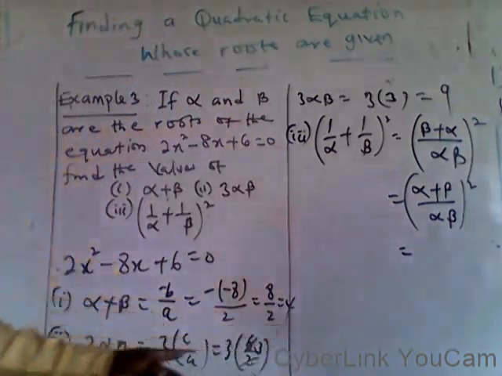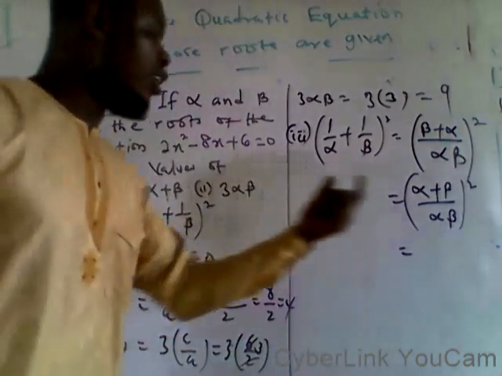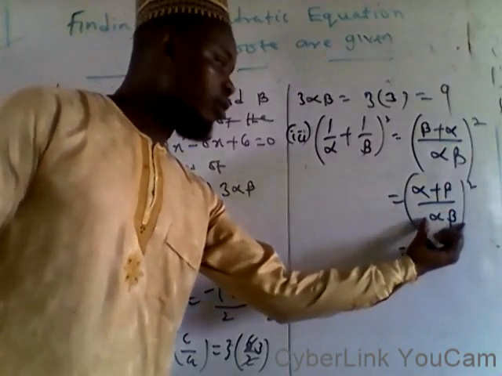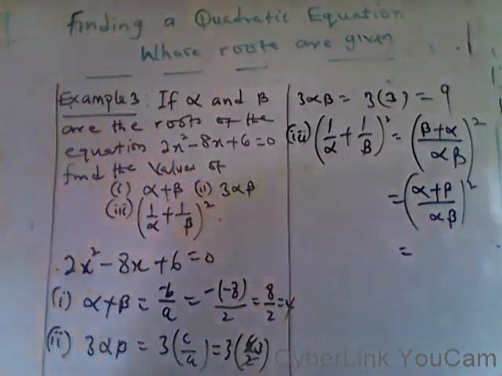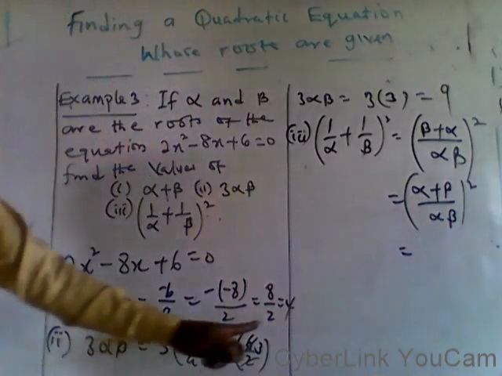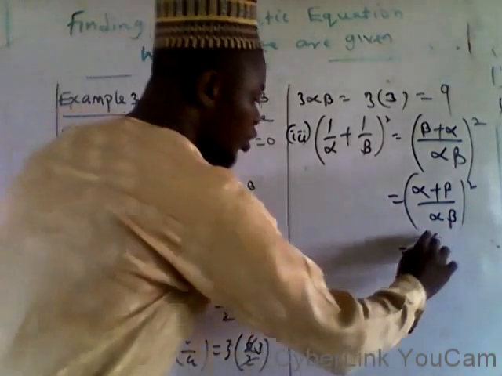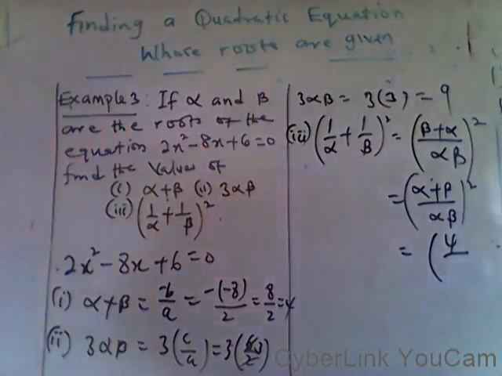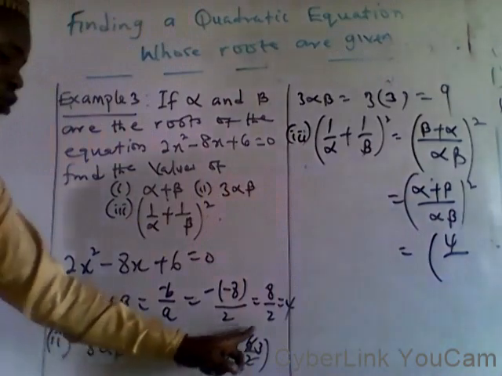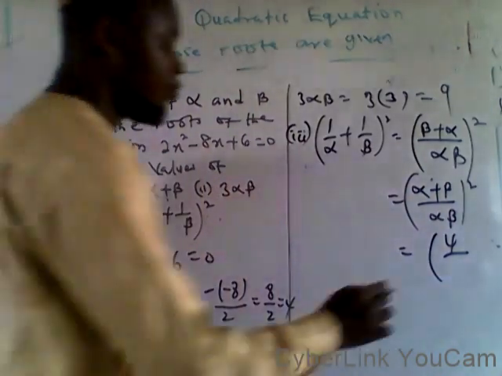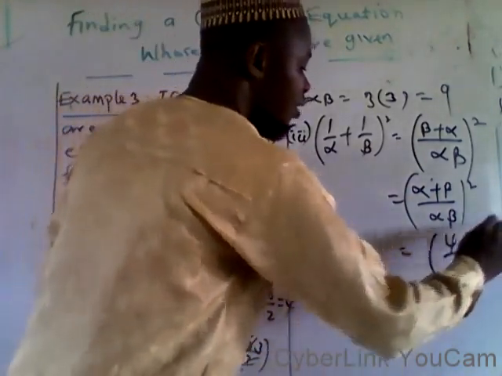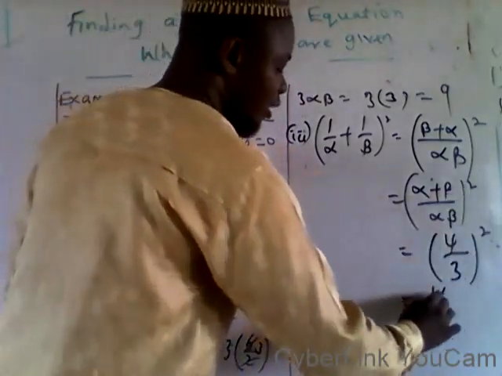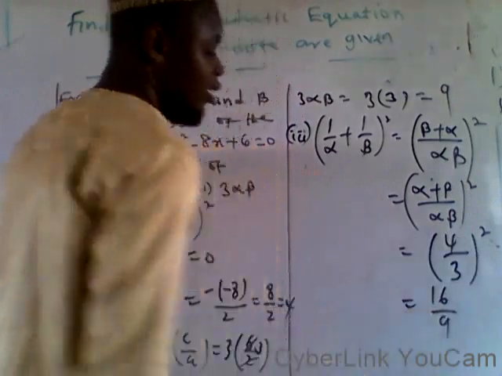And from what you have done so far, can you see now? This one is the sum of the roots, and this one, alpha beta, is the product of the roots. The sum of the roots that we got is 4, and the product of the roots is 6 over 2, which is 3. So this becomes 4 over 3, everything squared. 4 times 4 is 16, 3 times 3 is 9.